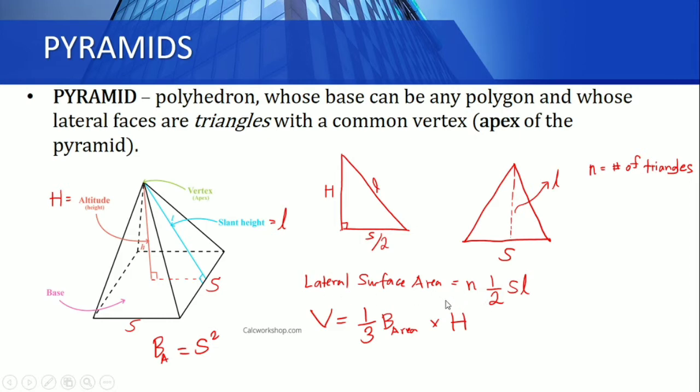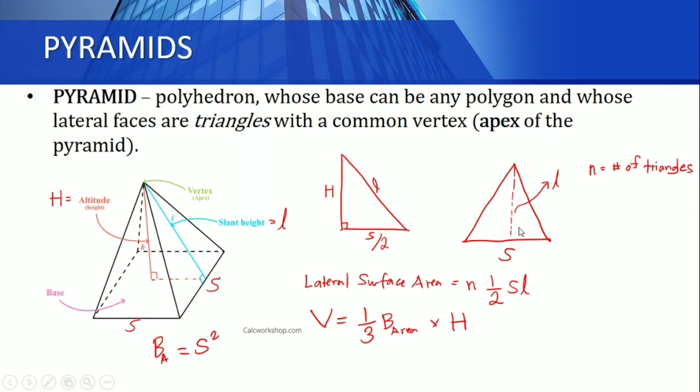So yung formula natin dyan is n times 1/2 times s times l. Yung n natin is yun yung number of triangles. And yung S natin is yung length ng edge ng base natin multiplied by the slant height. So kapag kinuha natin yung isang side ng triangle, so ito yung magiging kalalabasan niya.